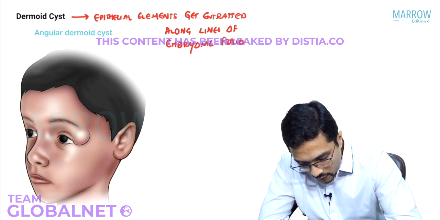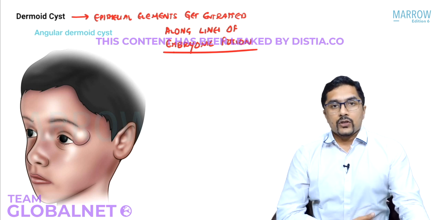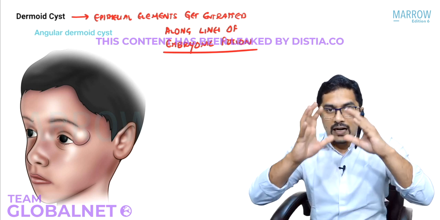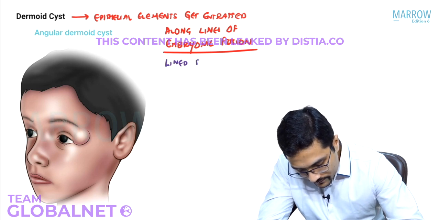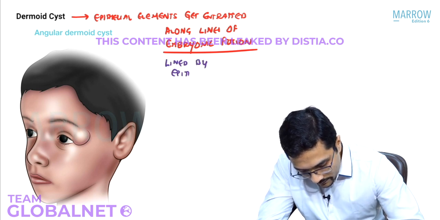That is when a dermoid cyst can occur, right? So these epithelial elements get entrapped and a cyst is formed. It is lined by epithelium.